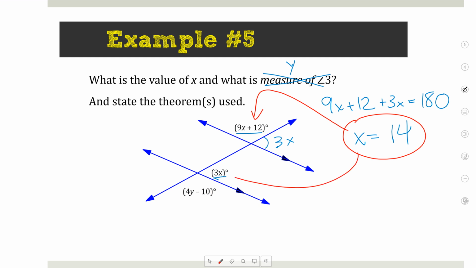No, you can also put it into 3x. 3 times 14 is 42, and therefore this angle is 138. Or 180 minus 42 is equal to 4y minus 10. Any one of those will get you a value of y to be 37. Thank you.